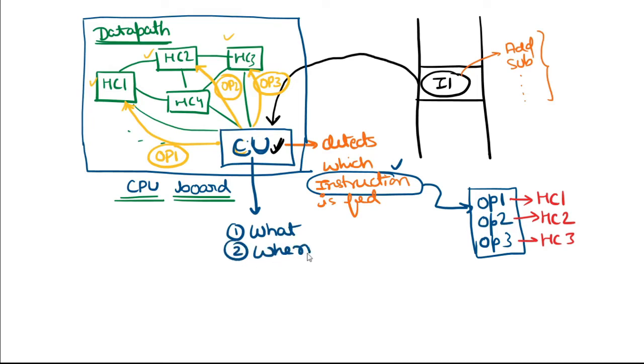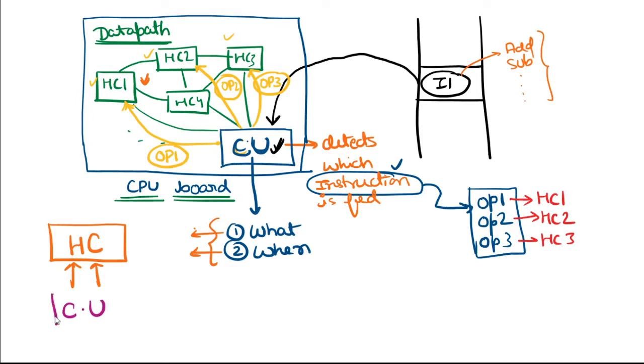So a control unit will send one signal for what and one signal for when, right? Therefore, each hardware component will have these two signals coming from the control unit.